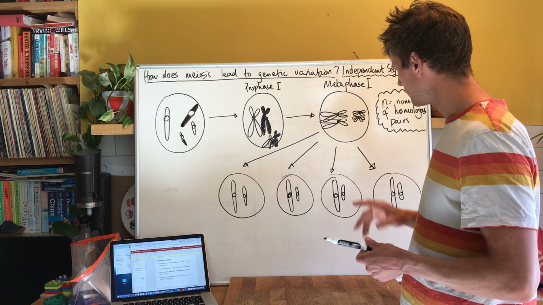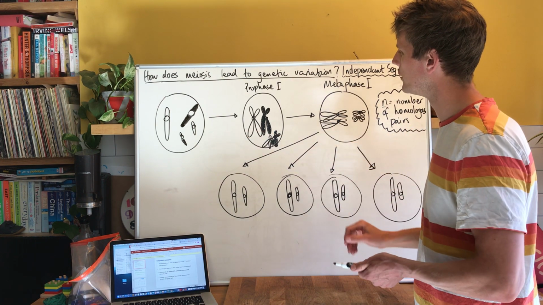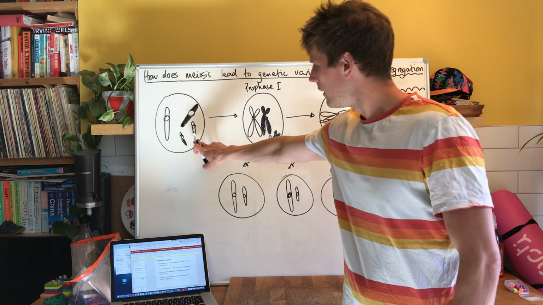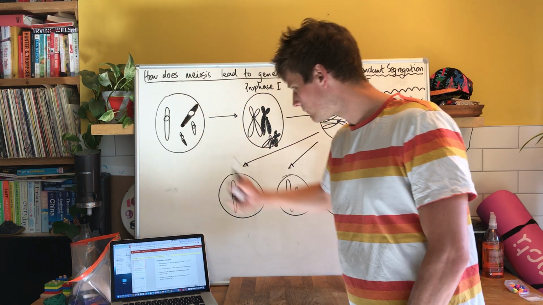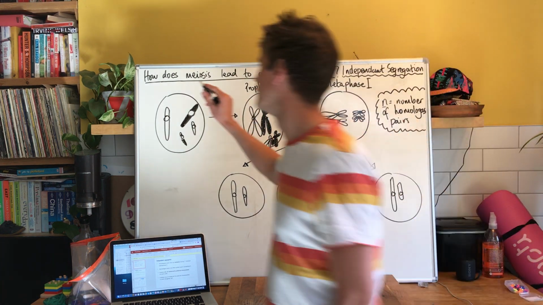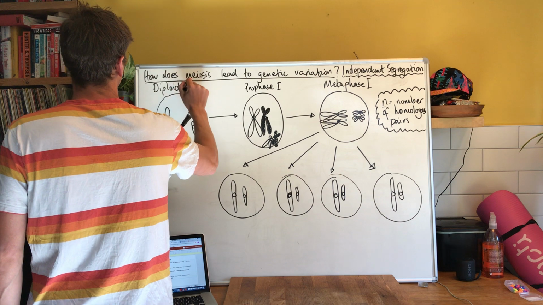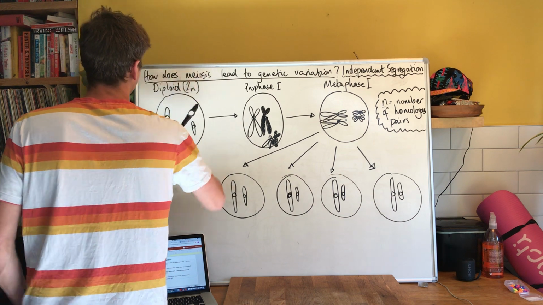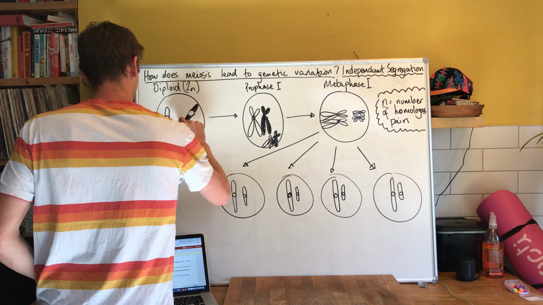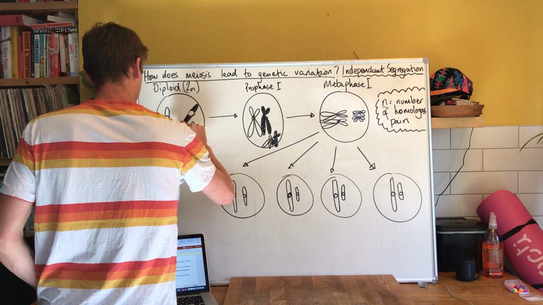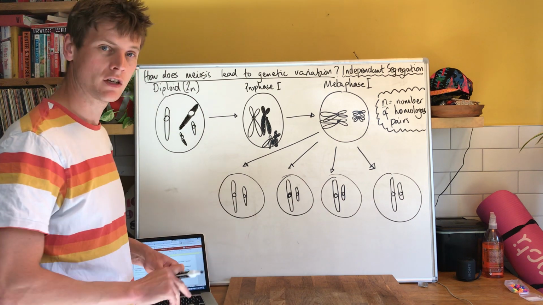Okay, so just a quick overview of where we're up to at this point. Here we can see a diploid cell, 2N, and it contains two pairs of homologs, two homologous chromosomes.